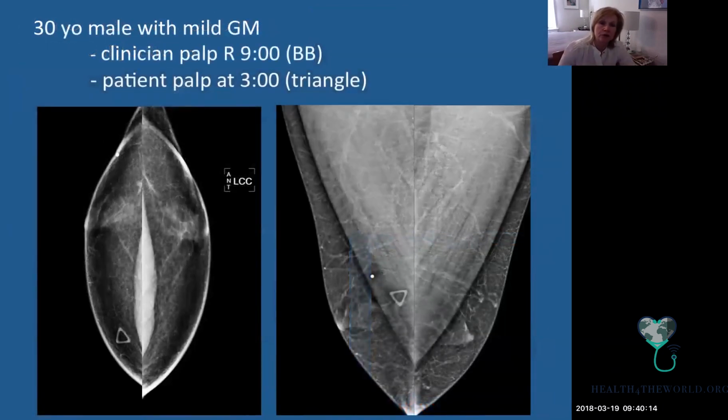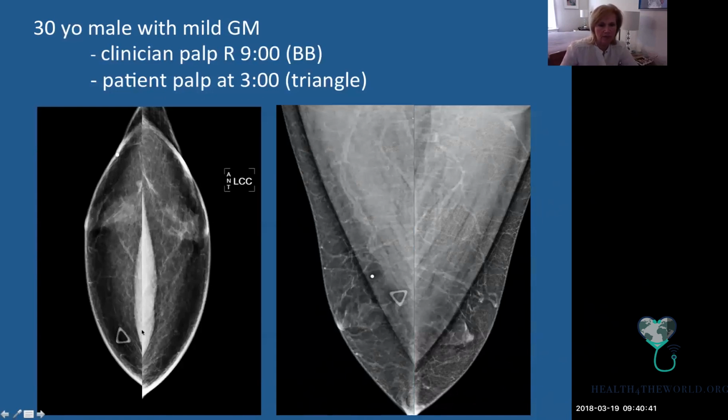This is a 30-year-old male with mild gynecomastia. He came in to us because the clinician palpated a mass on the right in the 9 o'clock position where there is the BB, which is here, laterally on the craniocaudal view, here, laterally in the 9 o'clock position on the MLO view. And the patient complained of a lump that he thought he felt at the 3 o'clock position, which is where the triangle is.